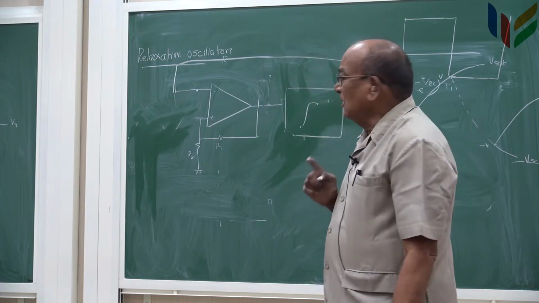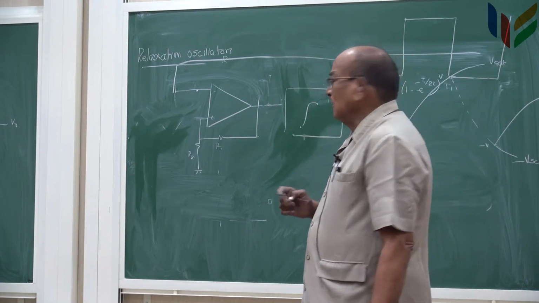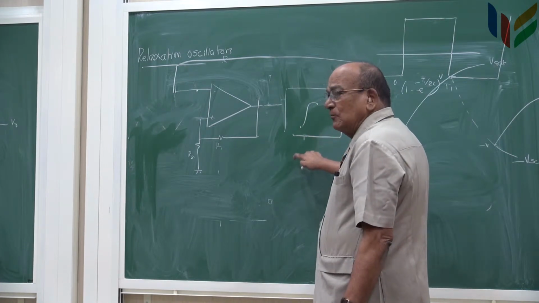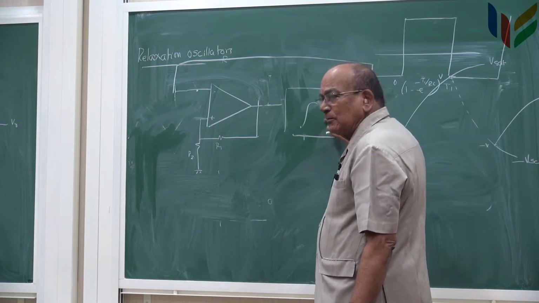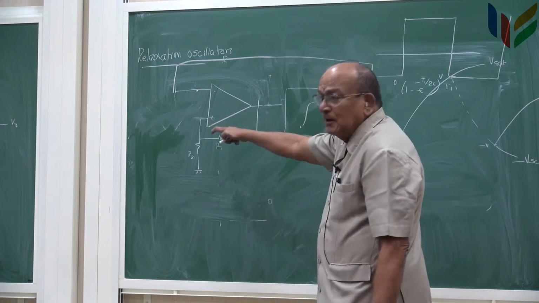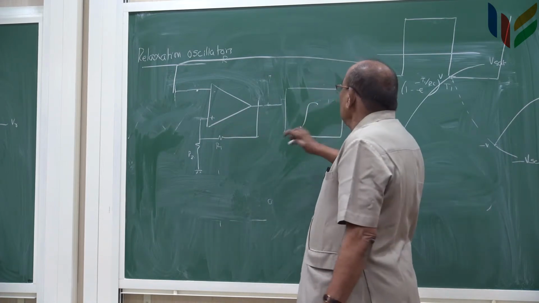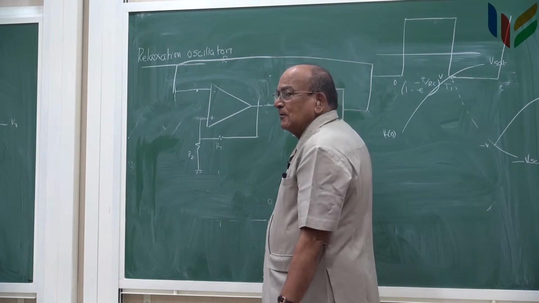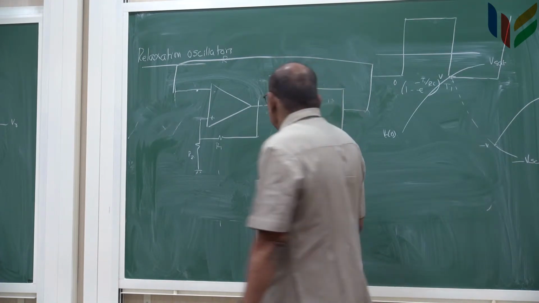The only condition is that in the time that this reaches from minus V value to plus V value, the triangle should happen in the integration time. Understand what I am saying?